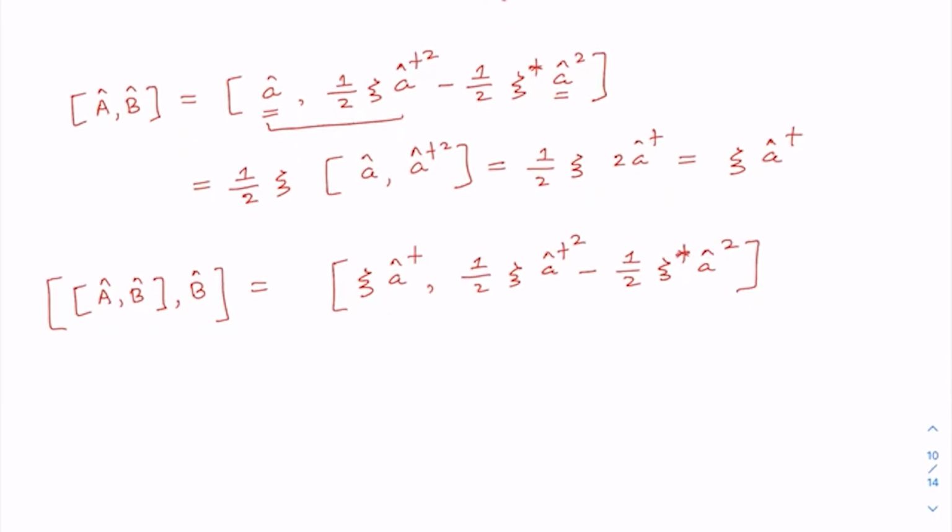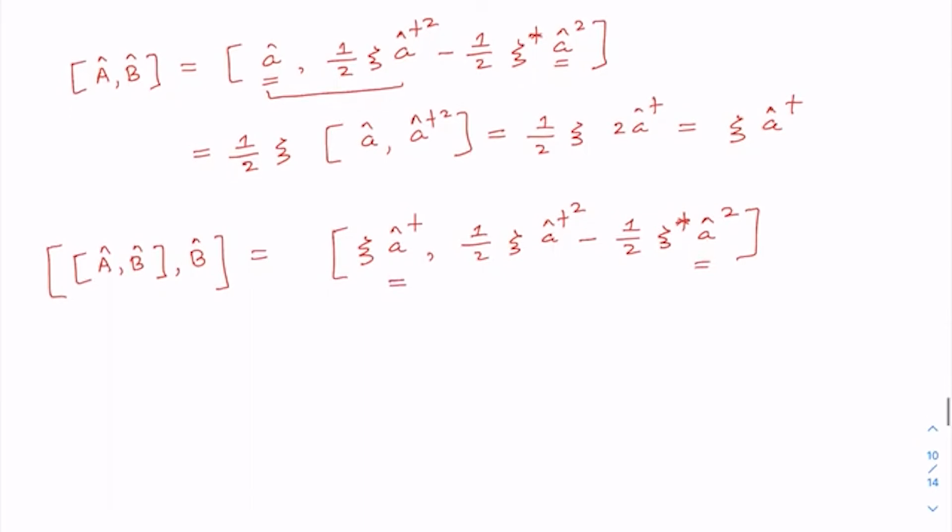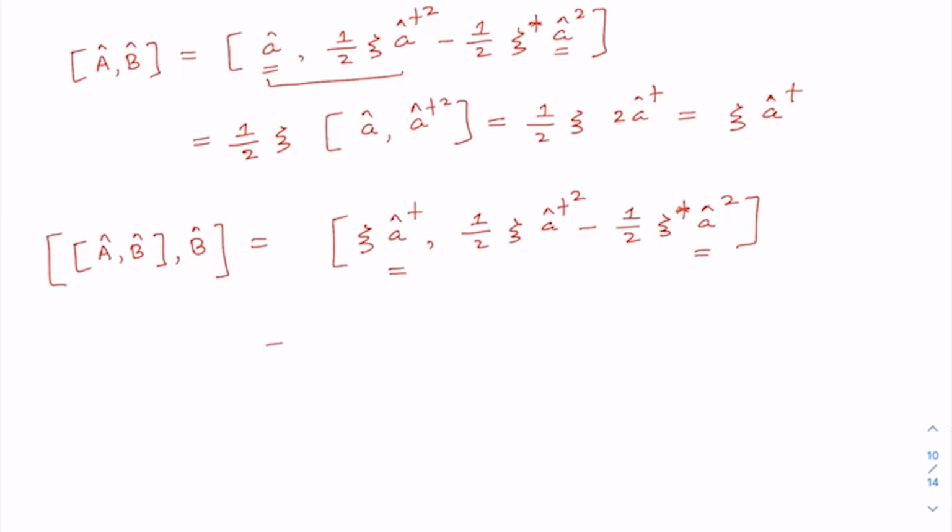Again, we have to bother about a dagger and a square, this part only, because a dagger and a dagger square will commute. So this I can write as minus half ξ into ξ star, so that would be mod ξ square, and we'll have the commutator of a dagger with a square.